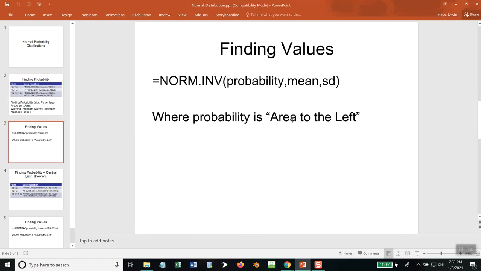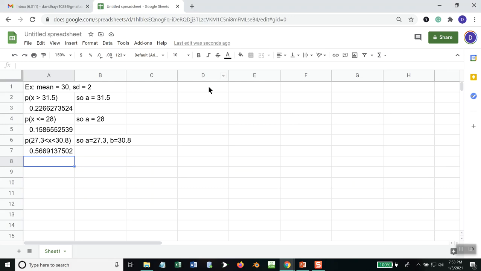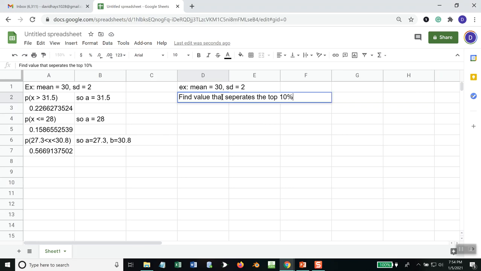Now, if we're trying to find the values, let's take a look at some examples of that. Okay, so the mean is still 30, the standard deviation is 2, and we're trying to find a value that separates the top 10%.